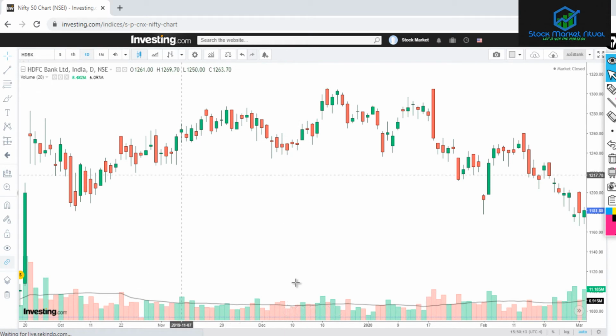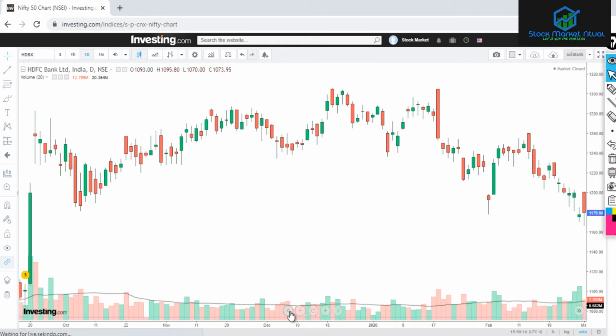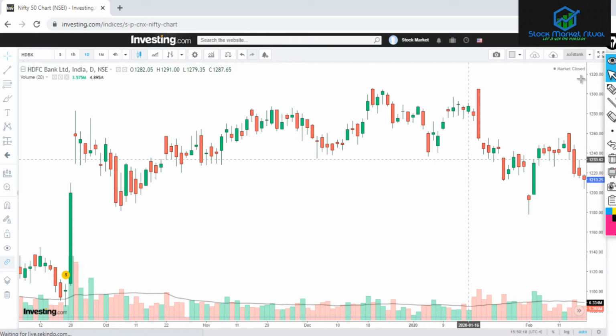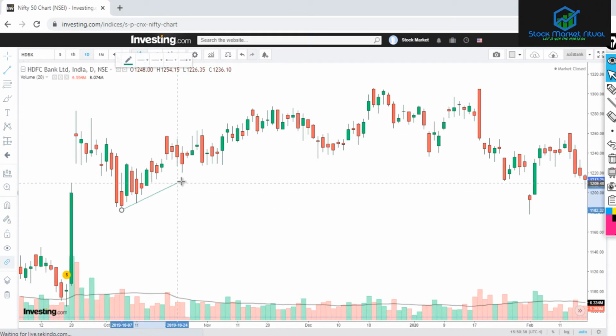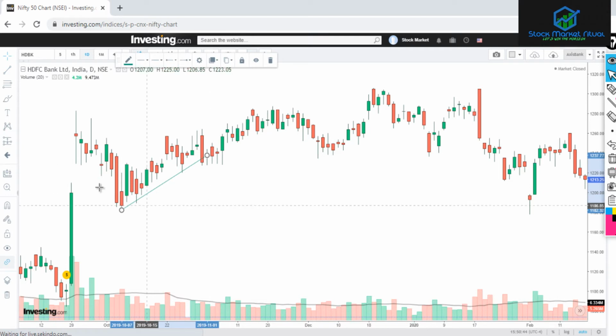Now here the price is going up. Although the price is going up at this point, but the volume is not going up. So the price has made higher highs. Now if we draw a trend line over here, you can see the price is making higher highs, but here the volume is not making higher highs.